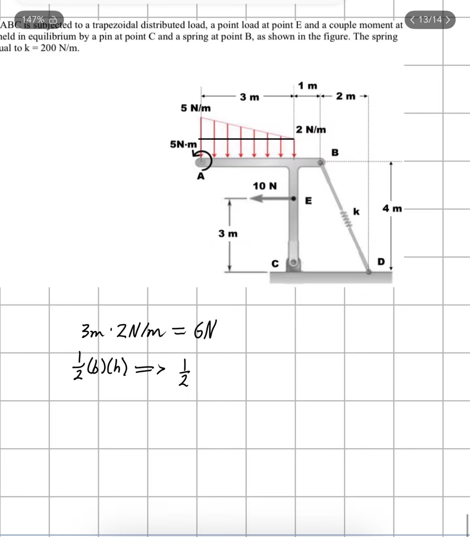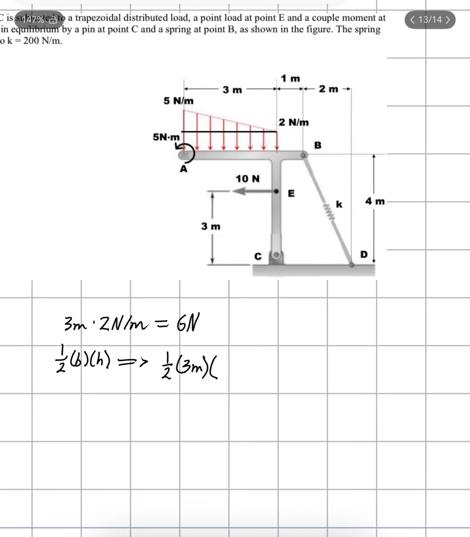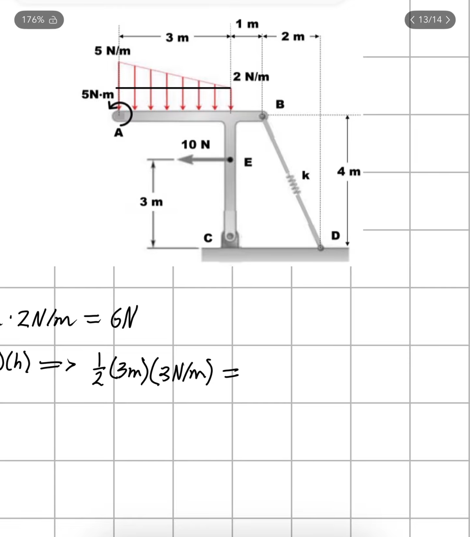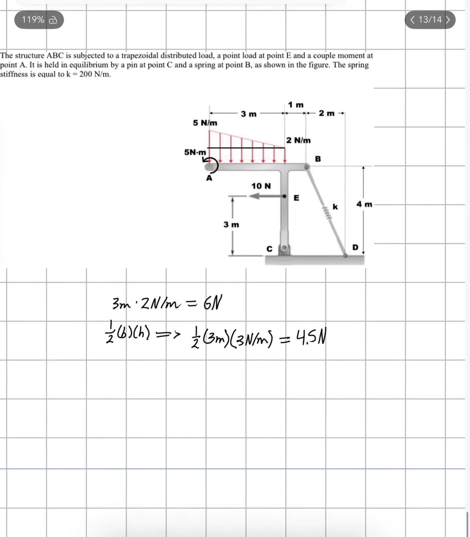We know that our base is 3 meters times height, which in this case is 5 Newton meters minus 2 Newton meters. That is 3 Newton meters. The result is 4.5 newtons of force.